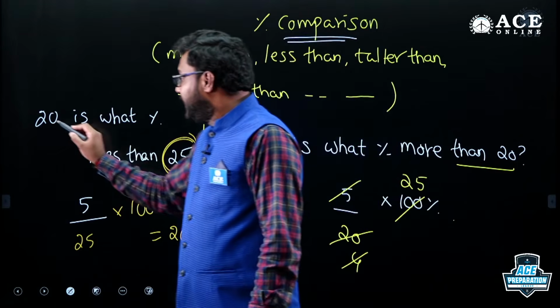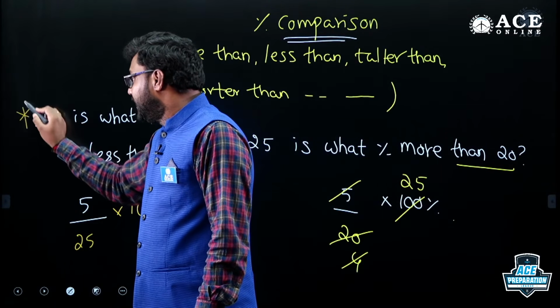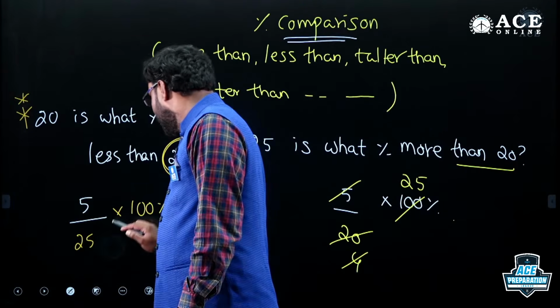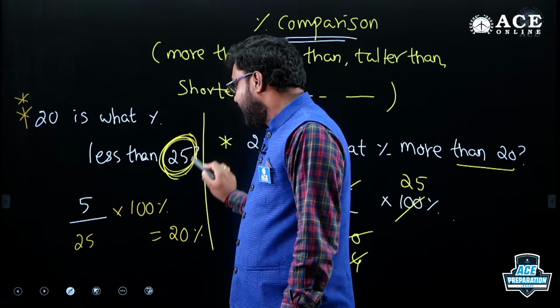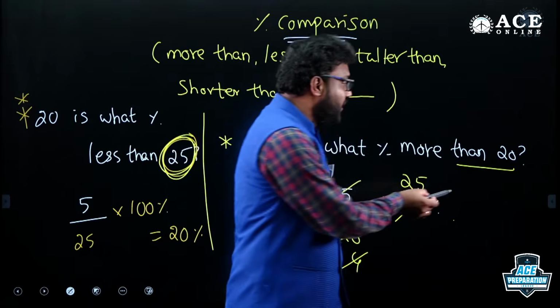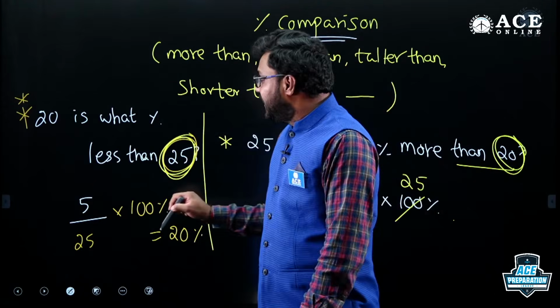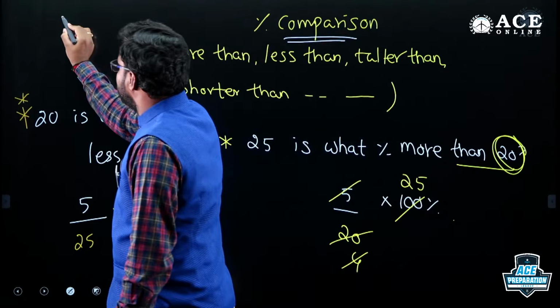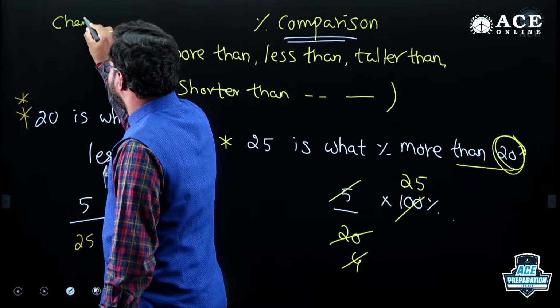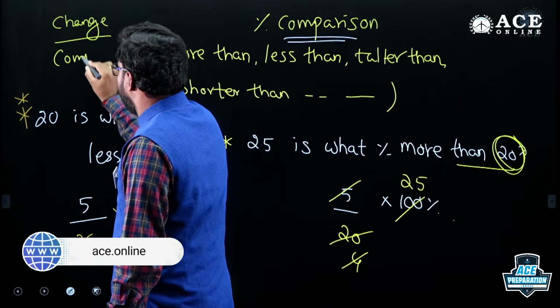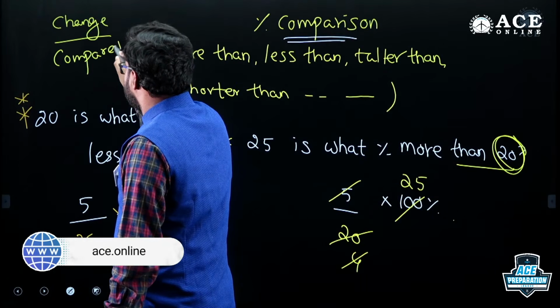We should see why this changes: the percentage changes because the denominator, the compared value, is changing. Here you are comparing with respect to 25, whereas in the previous one you are comparing with respect to 20. The denominator should be the compared value. Percentage comparison is simple: change with respect to the compared value, into 100.